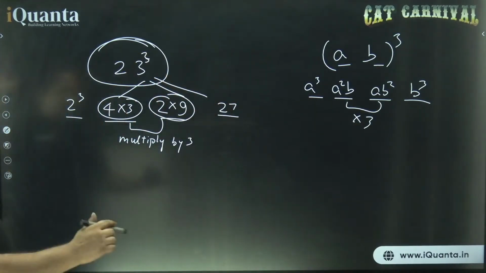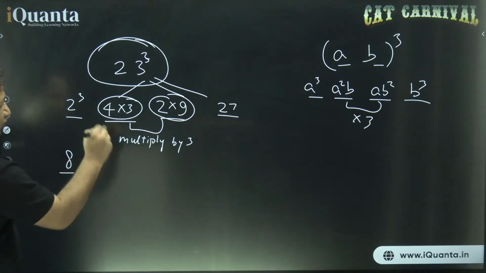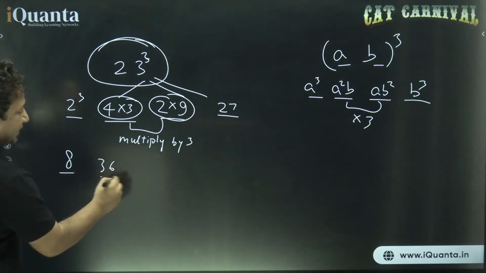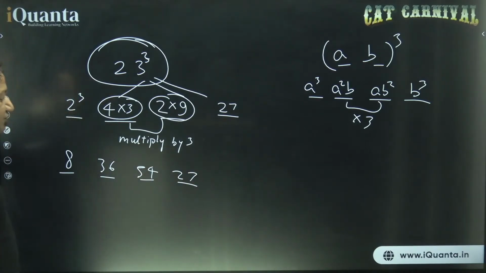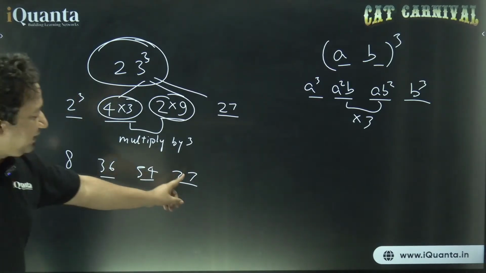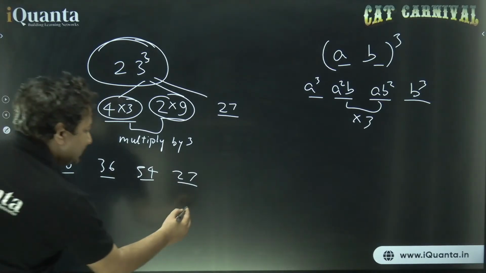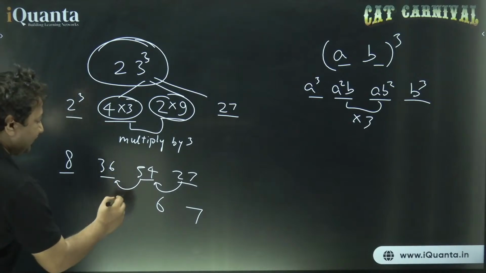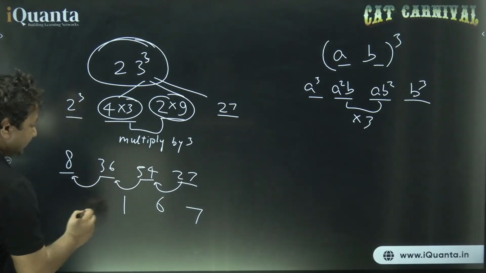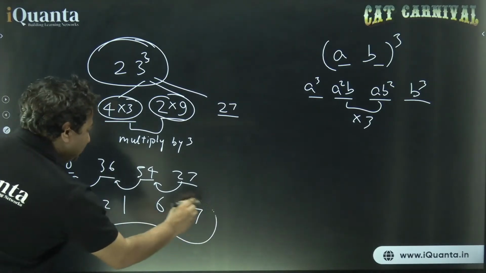Okay, let's do that. So we have 8 over here, 4 3s are 12, into 3 is 36, 2 9s are 18, into 3 is 54, and 27 here. Because one space can accommodate only one digit, 7 will stay, 2 will go there. 56, 6 will stay, 5 goes here. 41, 1 stays here, 4 goes here. 12, I have the answer as 1, 2, 1, 6, 7.